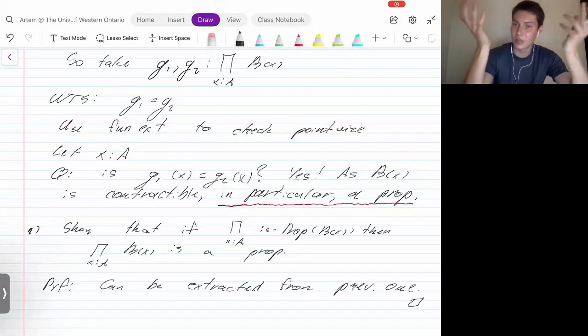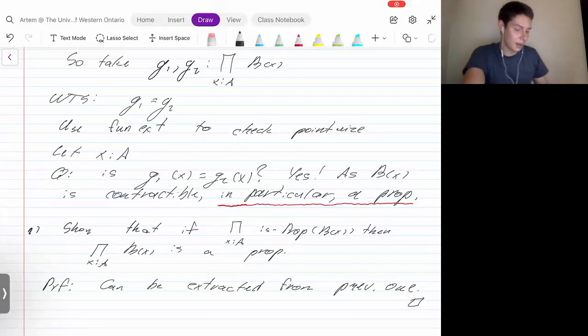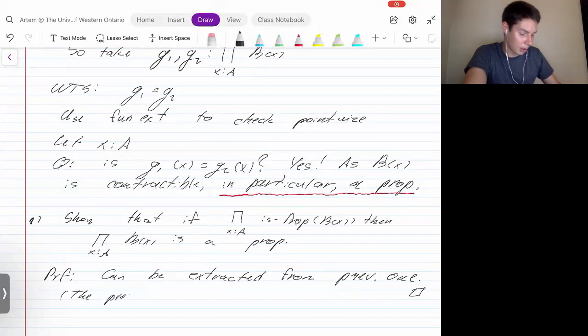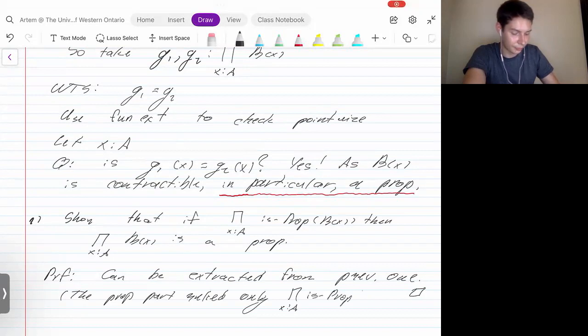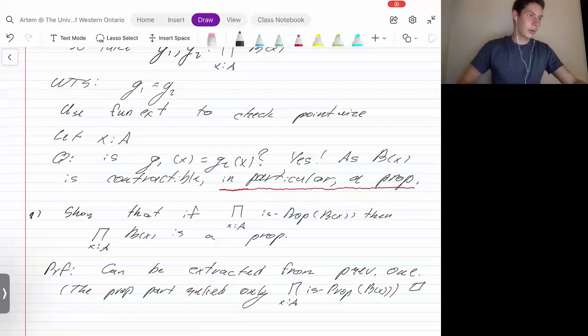But informally, the proof of the second fact underlies what we have in the first one. Let me put it in parentheses: the prop part relied only on the fact that we have a witness to this. Okay, good. And we're done with question 2.